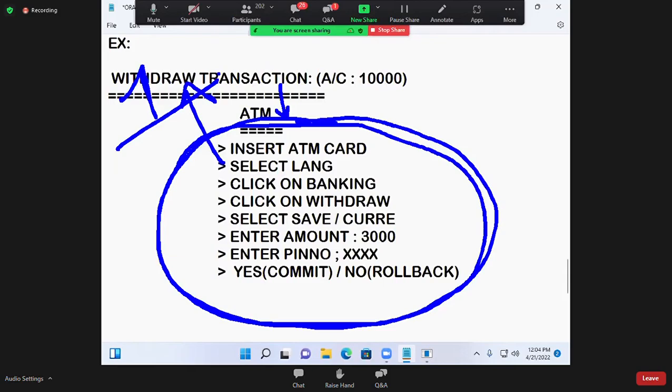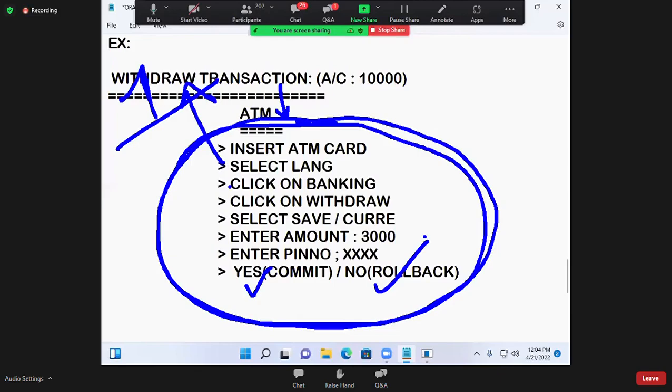Understand now? Don't think that it is 8 transactions. Where are 8 transactions here? Only 1 transaction.